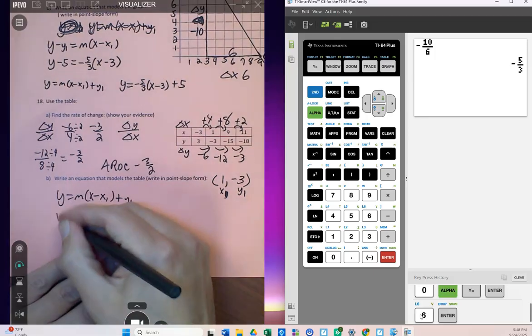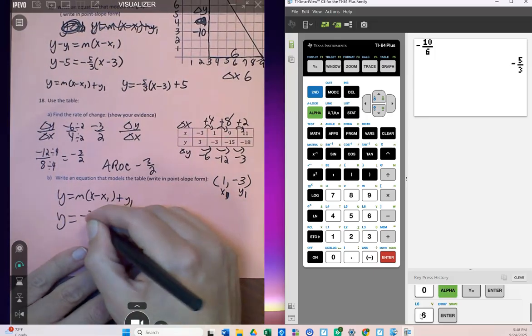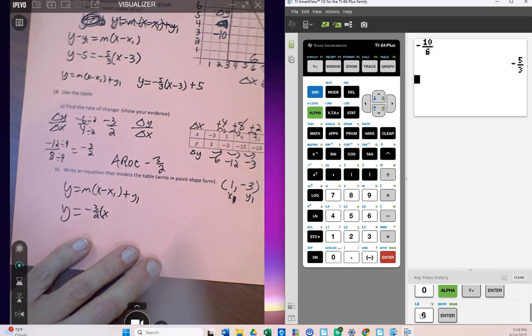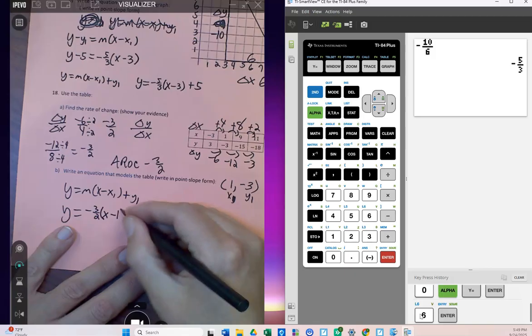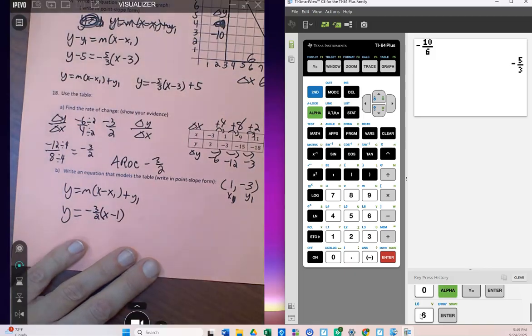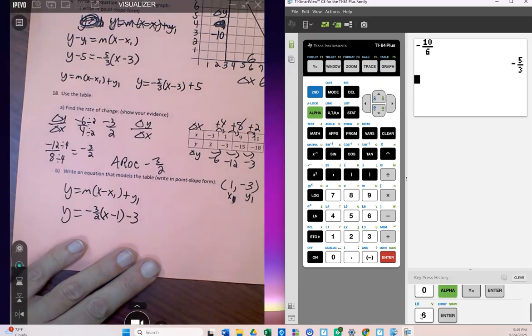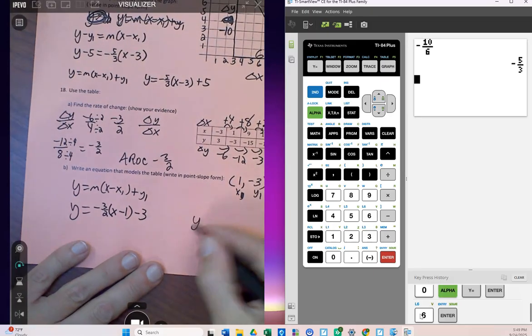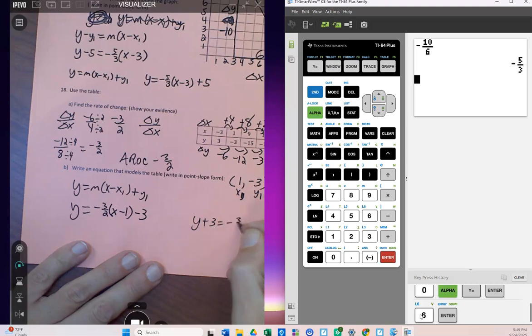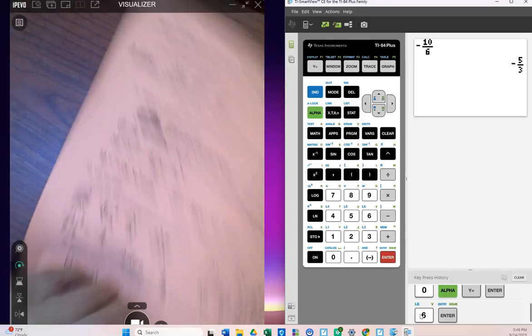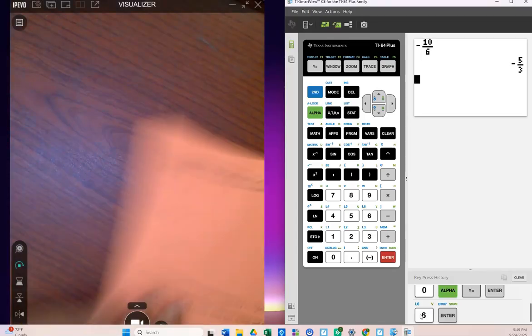M, negative 3 halves. Opposite of X1. Minus 1. Alright. Y1 stays the same if it's on that side. Or you could have done Y plus 3. I would have accepted either answer. Last questions.